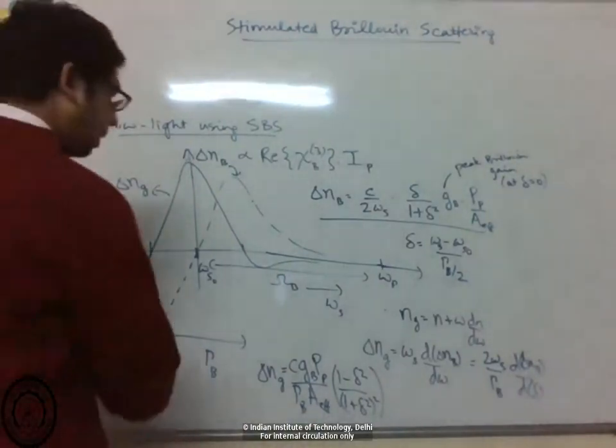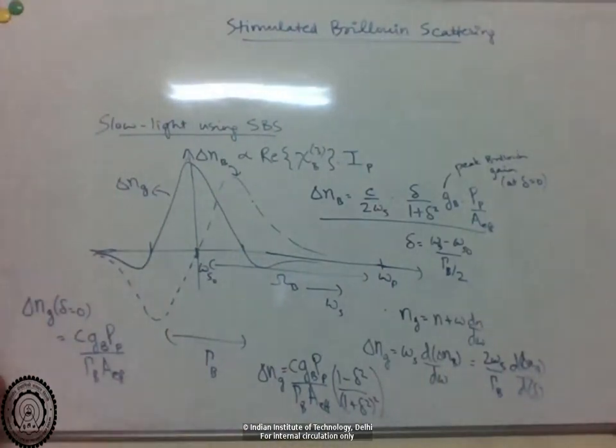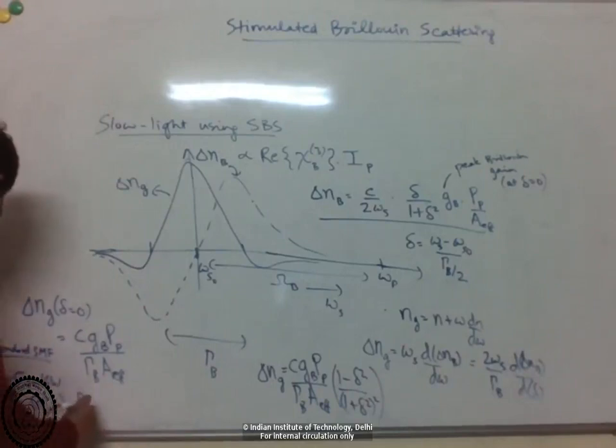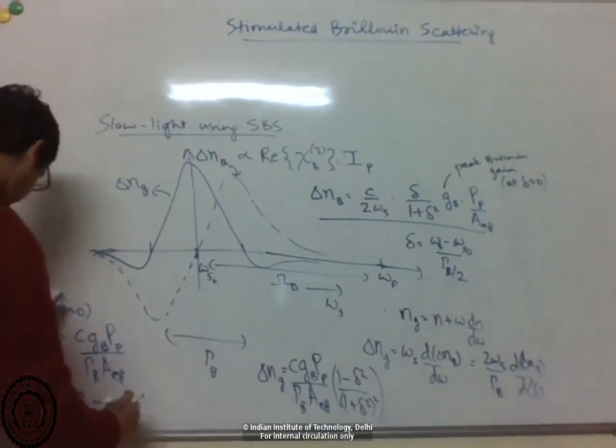Okay, so again to give some numbers, if you take typical numbers for standard telecom fibers, so called SMF fiber, this GB is about 5 centimeter per gigawatt. A effective is 50 micron squared, right? Gamma B about 10 to the 8 per second.